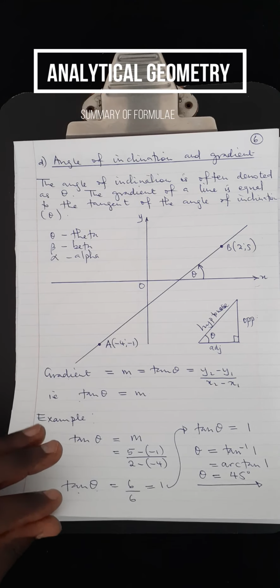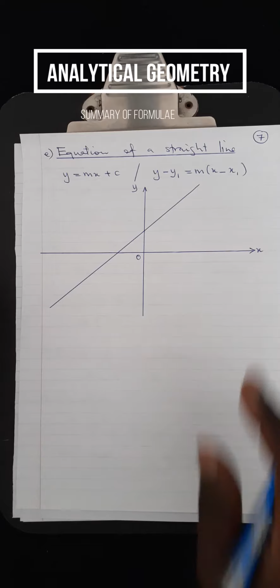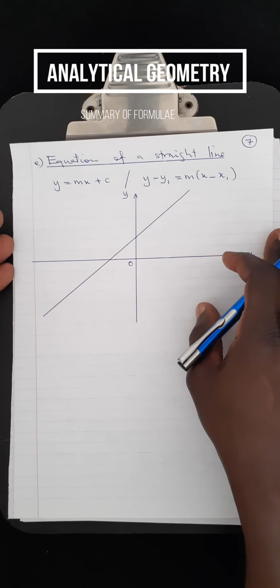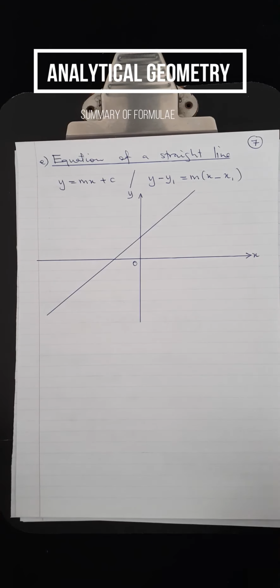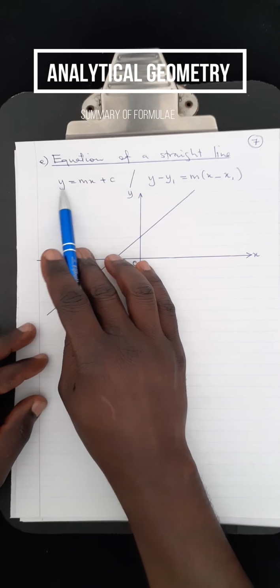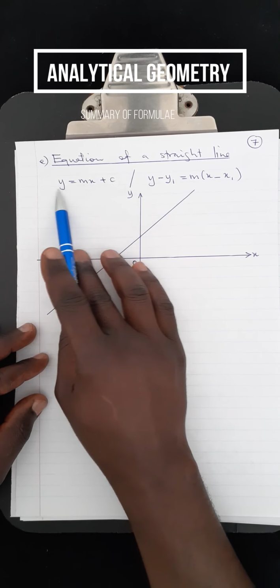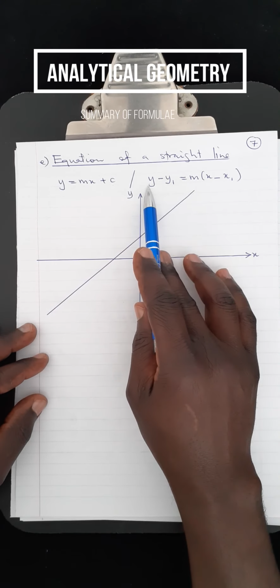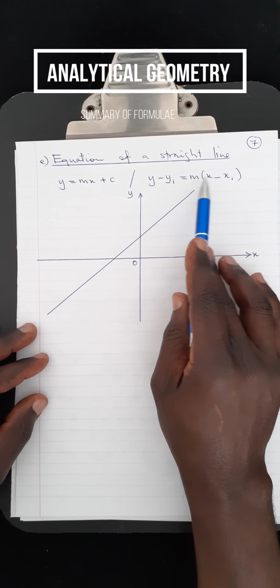Right, let's move to the next point, which is the equation of a straight line. Very important concept that we need to know in the exam. So y is equal to mx plus c is the general form of the equation of a straight line, or it can be given as y minus y1 is equal to m(x minus x1).